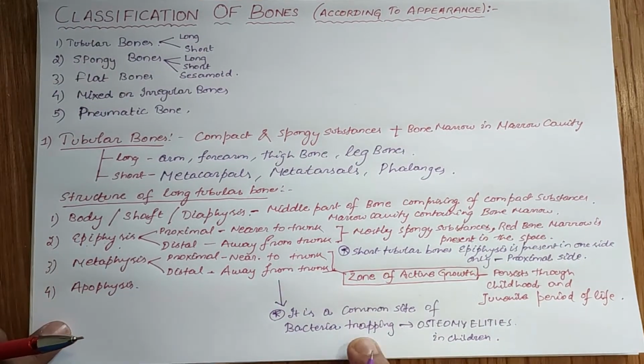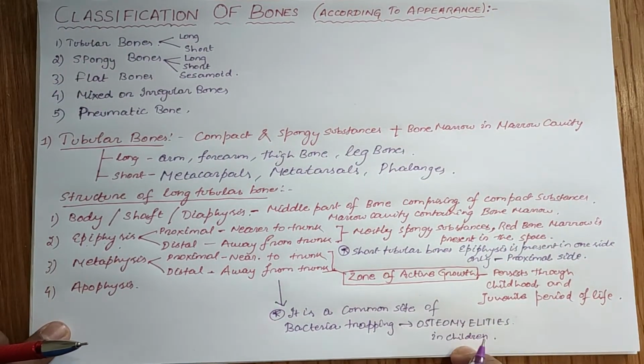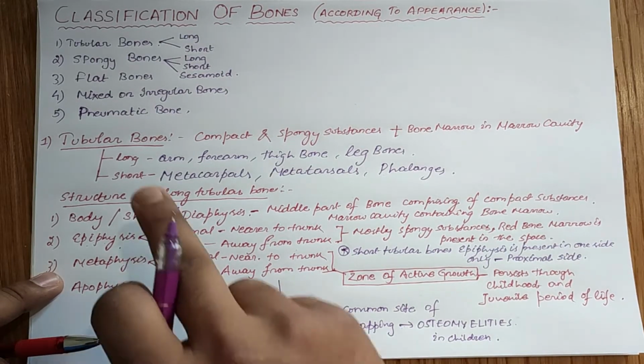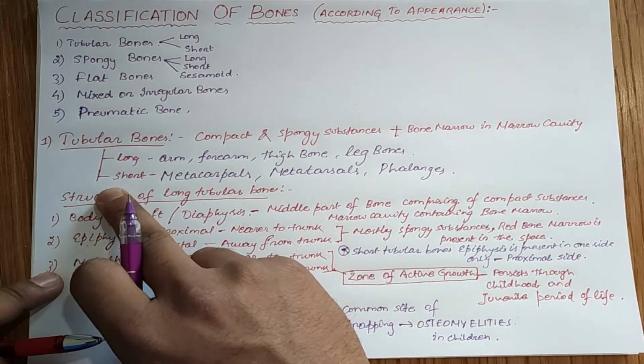You have to remember this: osteomyelitis in children is more common in the metaphyseal region of long tubular bones.